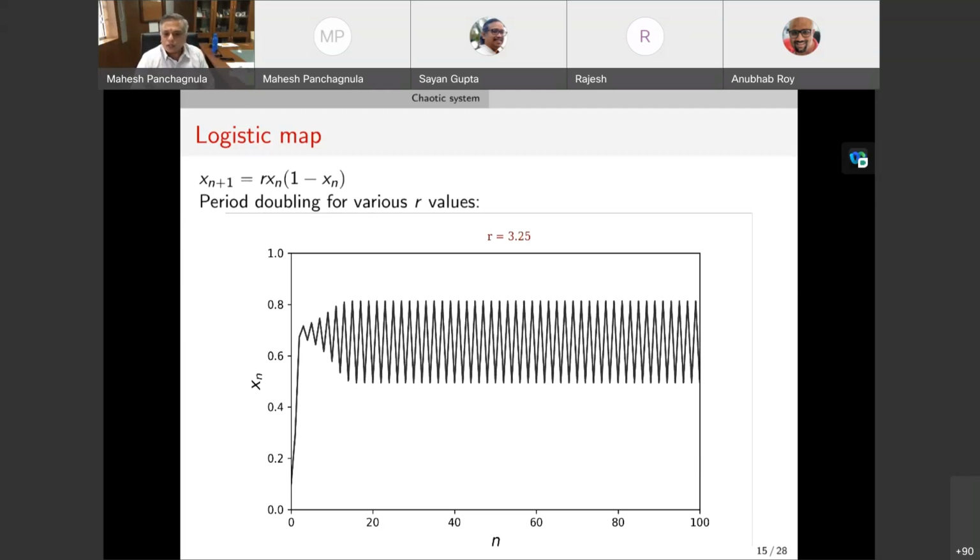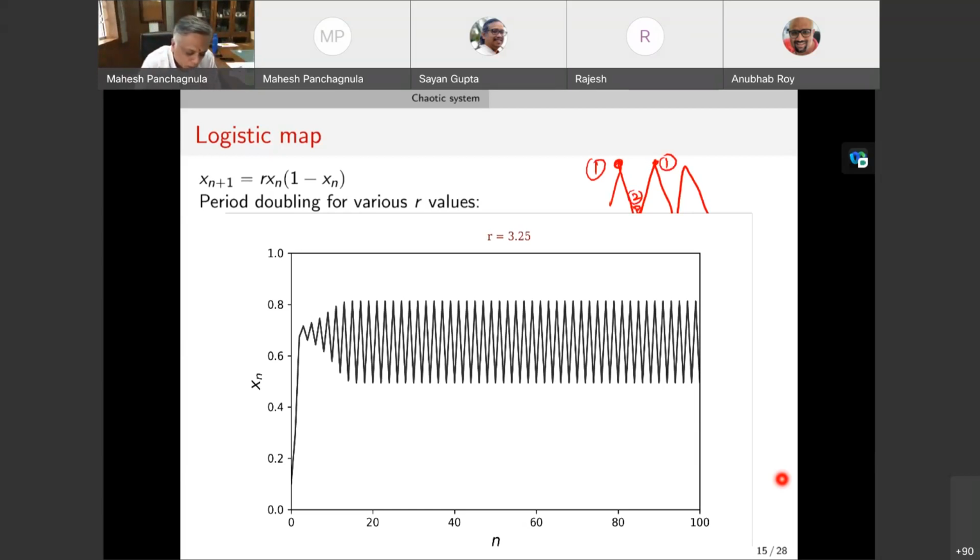If I plug in this value 1, I get 2. If I plug in 2, I go back to 1. So it simply oscillates between 1 and 2, 1 and 2, etc.